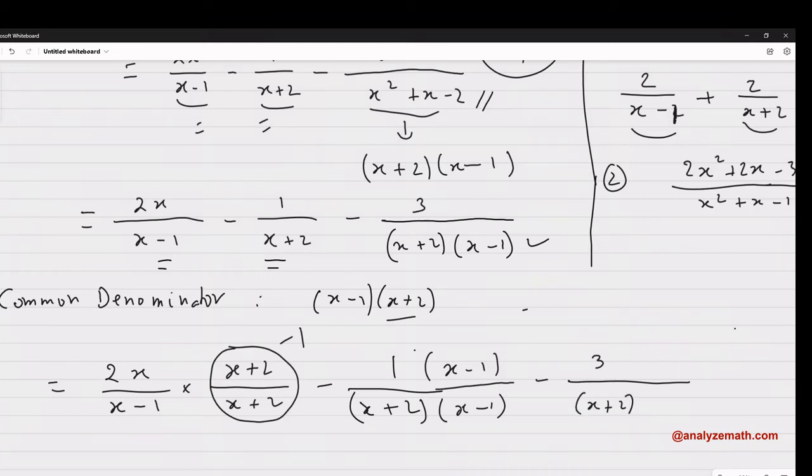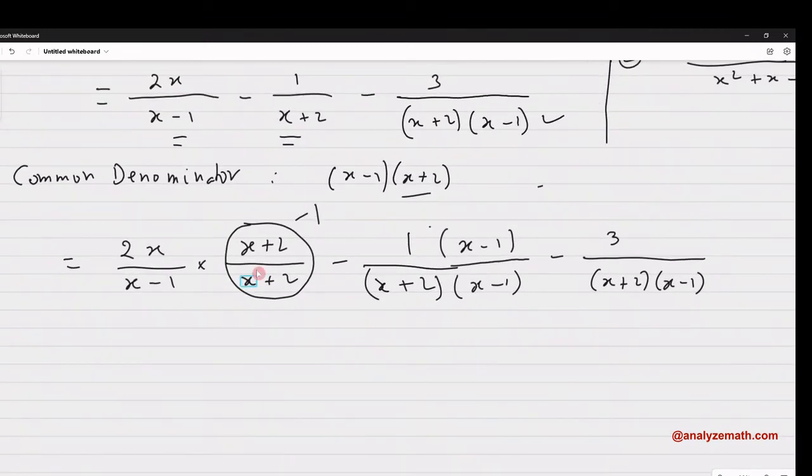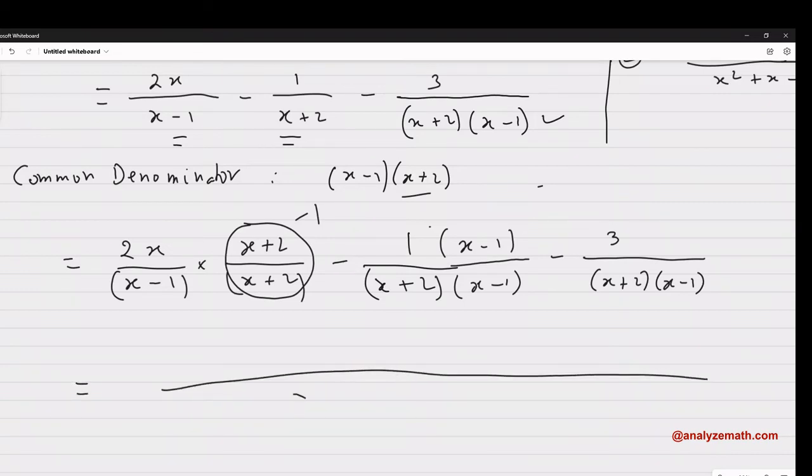That's what we need. So what do we have? We have three rational expressions with the common denominator. So all we need to do is to put the common denominator here.